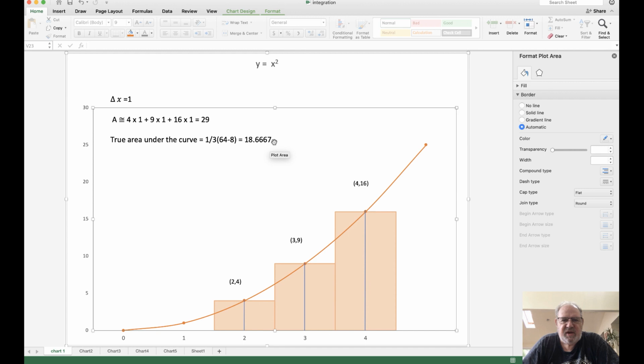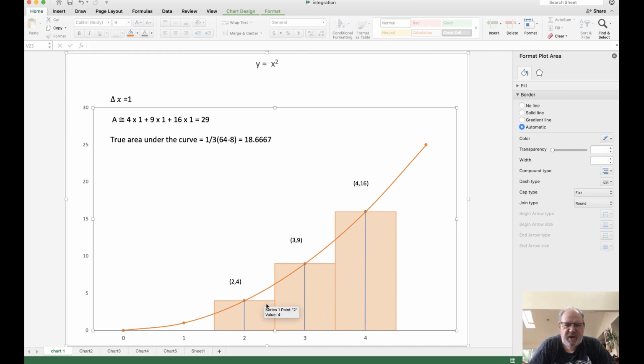It goes on indefinitely. That's an indefinite decimal. It just goes on 0.66666 forever, but they truncated with a 7 rounding up. So you can see that using delta x as 1 doesn't give us a very accurate estimation of area. This is an approximate area under the curve.